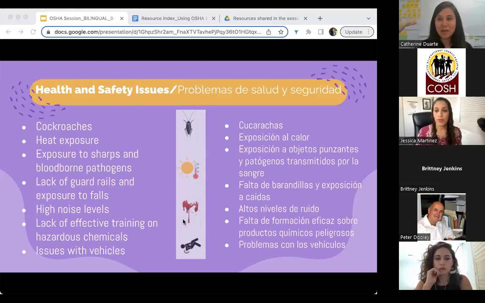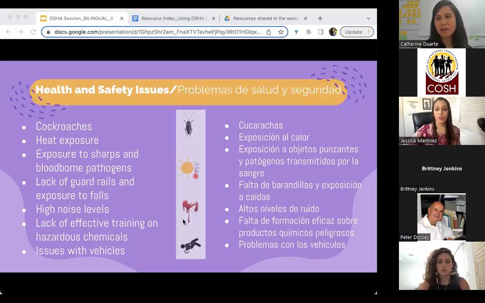This can go really high because it has to reach the door of the plane, but sometimes the guardrails were not functioning properly and people could fall, and it could be fatal. Also think about the high noise levels, everything that's happening around. It all exposes the workers to high noise levels.